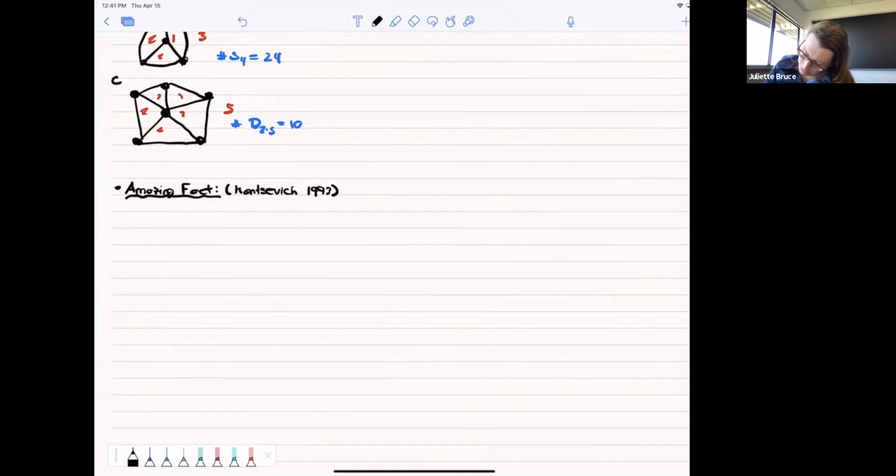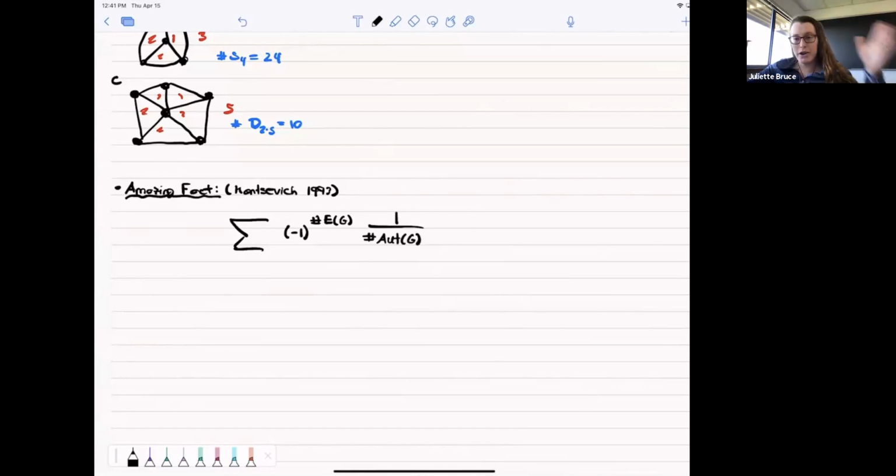I'm going to take a sum of (-1) to the number of edges of my graph G. And then what am I summing? I'm going to sum 1 over the number of automorphisms of G. So you give me a graph G, I count the automorphisms, and I put a negative sign depending on the parity of the number of edges.